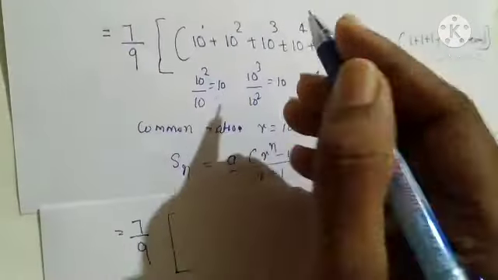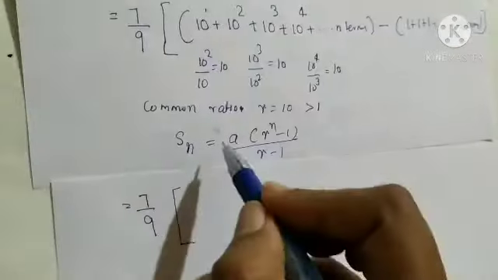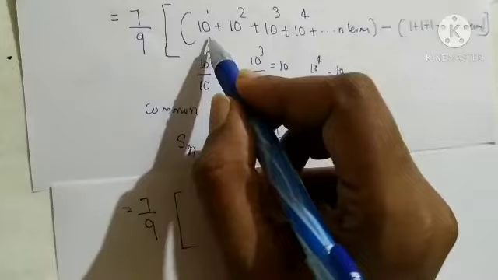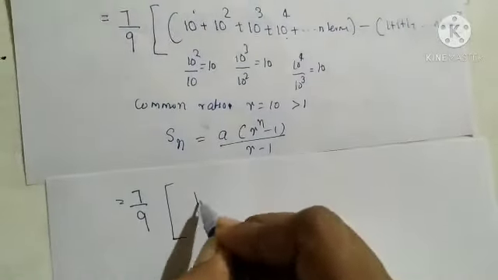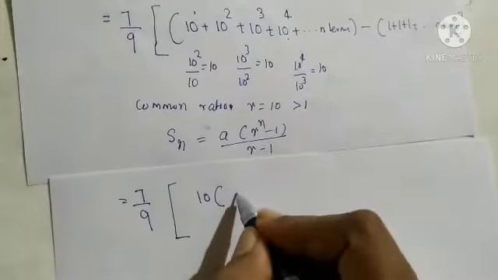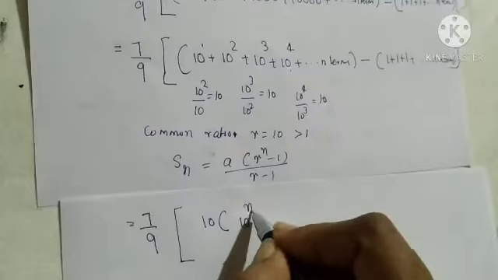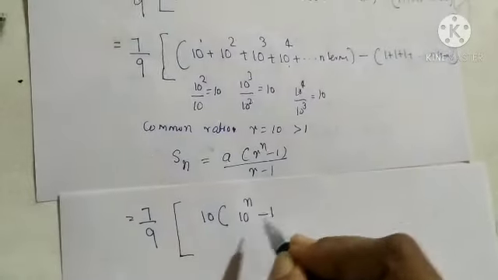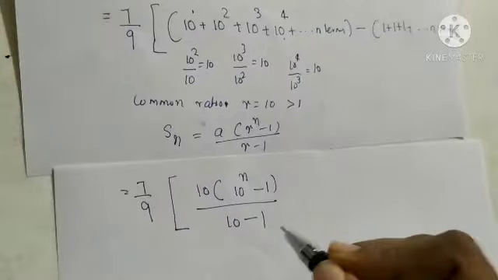Next I'm going to use this formula for finding the sum. So here a is 10 into r is 10 raised to, we don't know the value of n, so write n here, minus 1 divided by r, which is 10 minus 1.